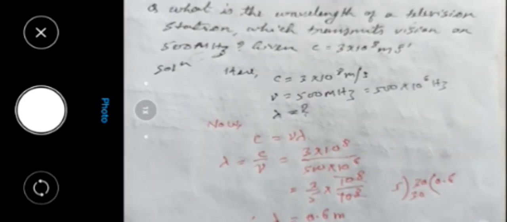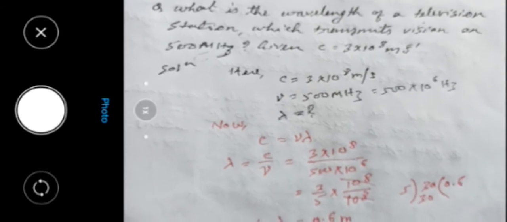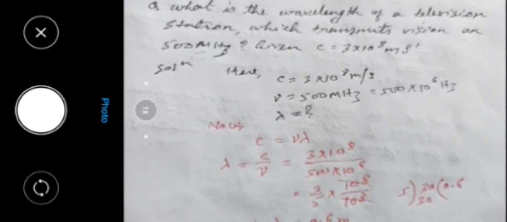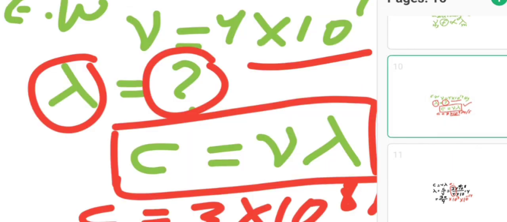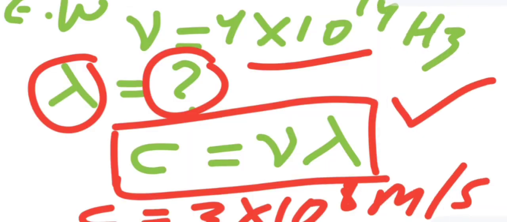What is the wavelength of a television station which transmits vision on 500 megahertz, given C equal to 3 into 10 to the power 8 meter per second? So here is the solution. The most important thing in this problem is its formula, C equal to nu lambda.